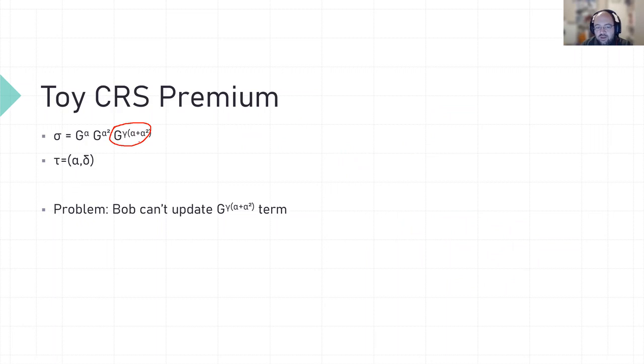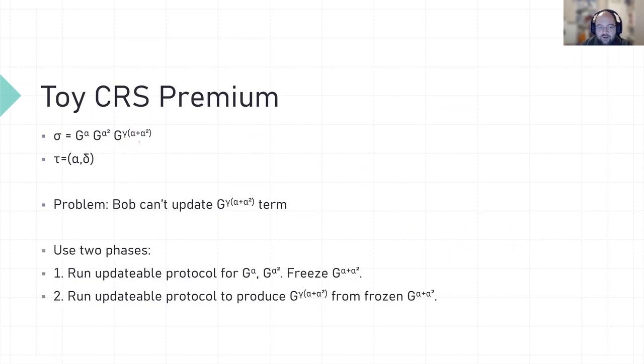So how do we fix this? The answer is we really don't. What we do is run the previous protocol, but just on the first two elements. So we get g to the a and g to the a squared, and from these we can essentially freeze a version of g to the a plus a squared.